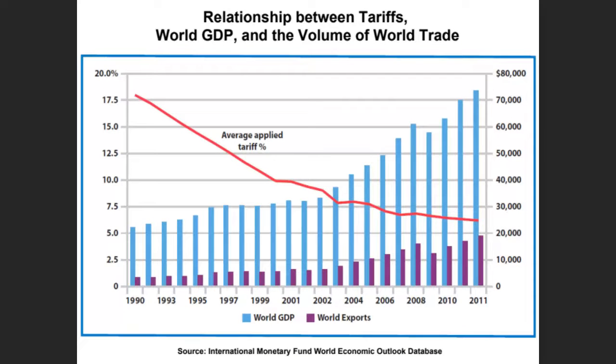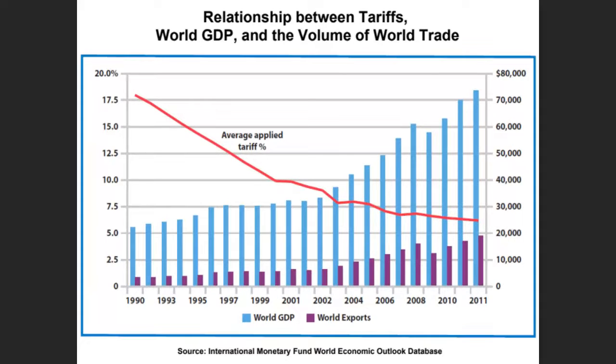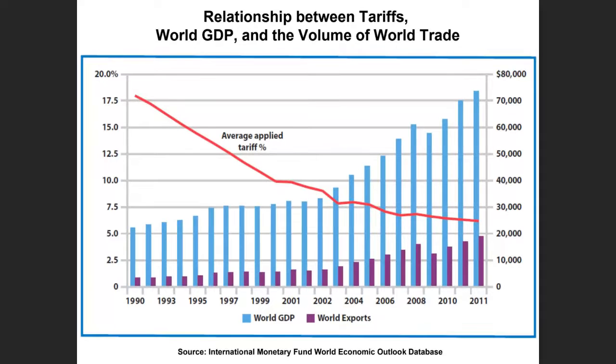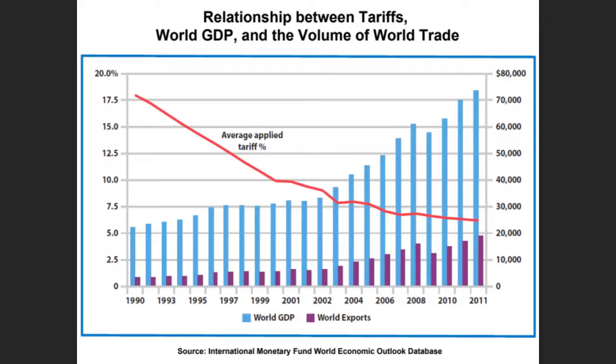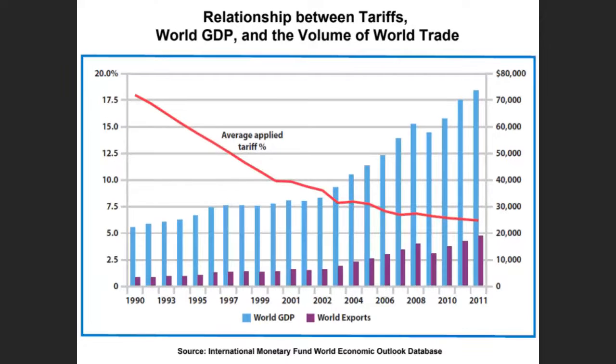There's a strong contrast between tariffs and world GDP or world trade. So what is the implication of this pattern or contrast? The less tariff I impose, the higher GDP I get. So there's a higher GDP and greater export, right?